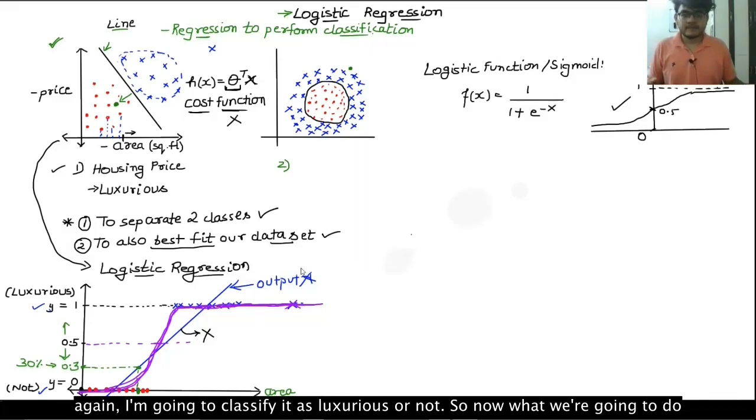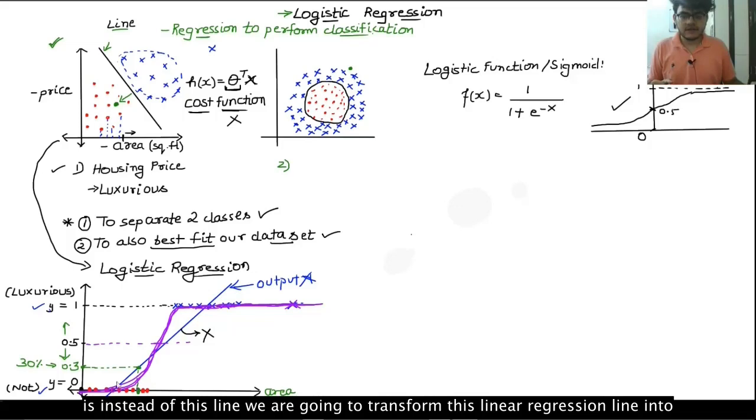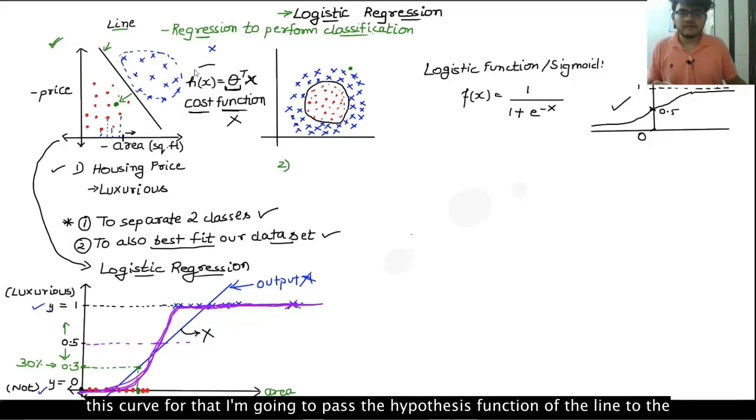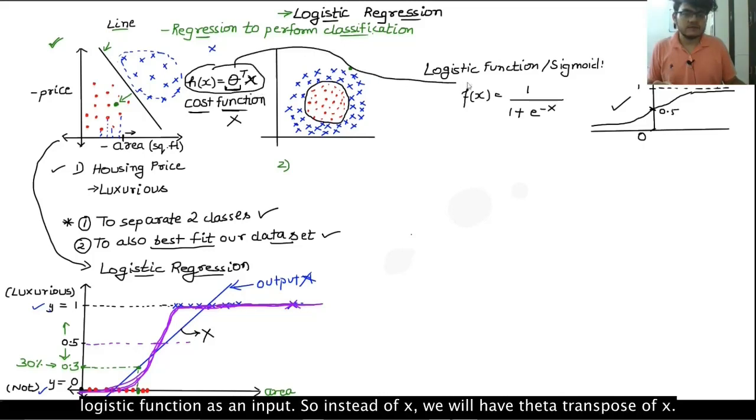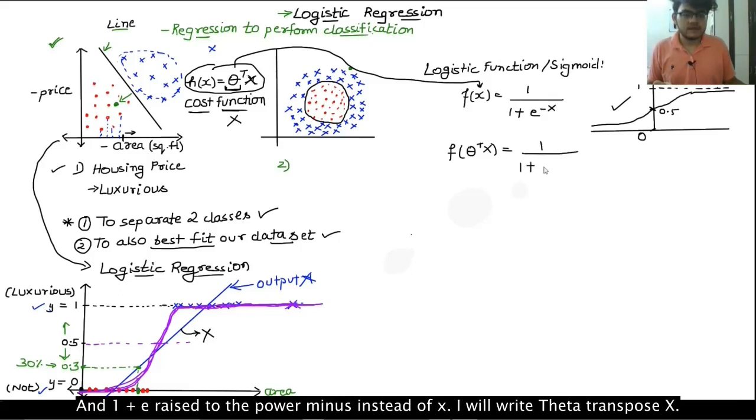So now what we're going to do is, instead of this line, transform this linear regression line into this curve. For that, I'm going to pass the hypothesis function of the line to the logistic function as an input. So instead of x, we will have theta transpose x, and 1 plus e raised to the power minus theta transpose x.